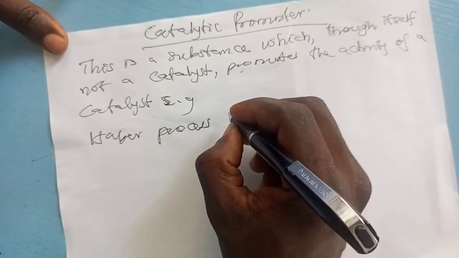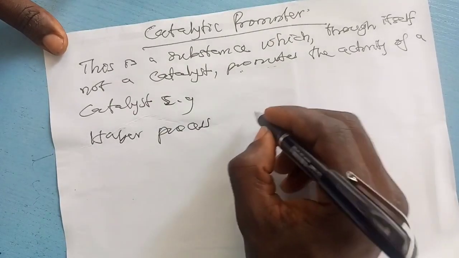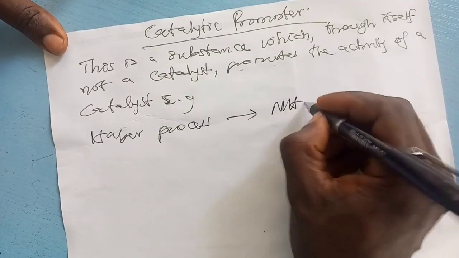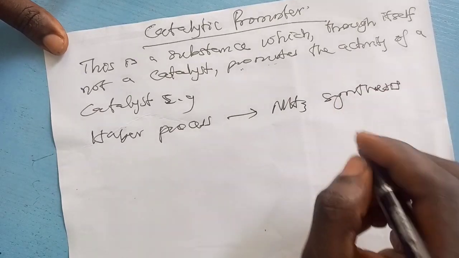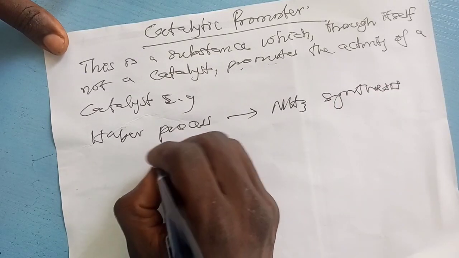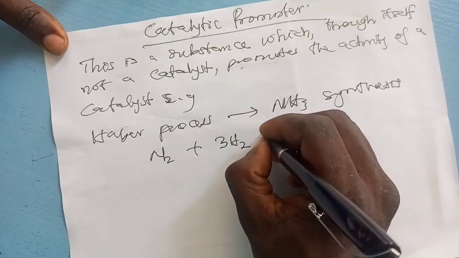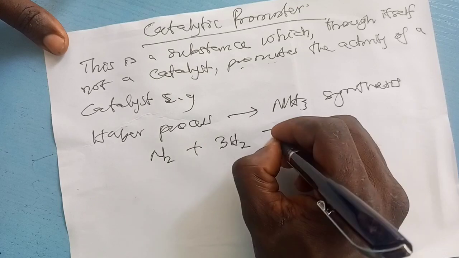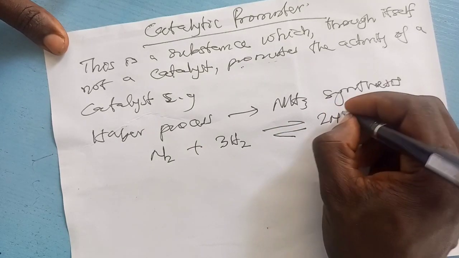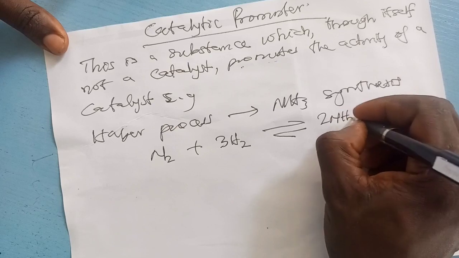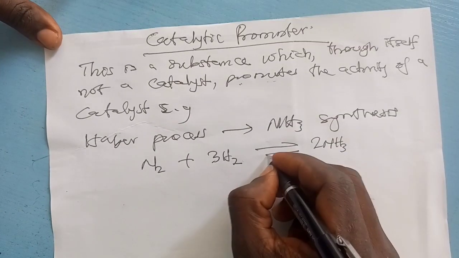Okay, what is Haber process? It is the synthesis of ammonia, where you have N2 plus 3H2. We have written this many times. You have 2NH3. Okay, so that is the reaction.